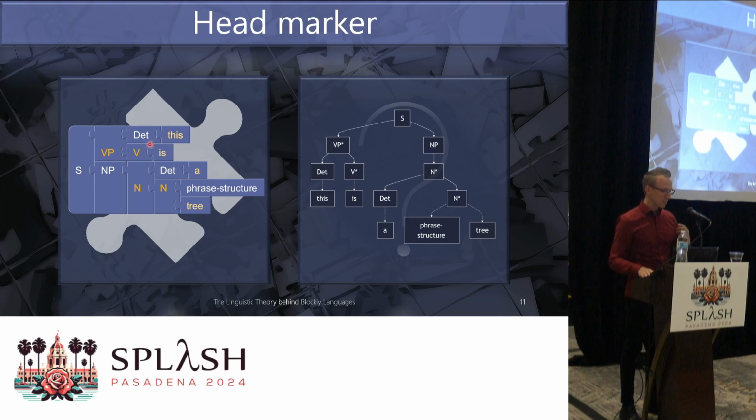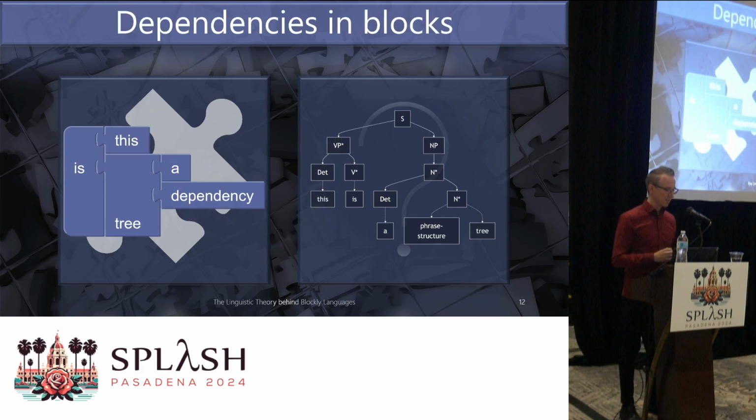So this means now that this verb should actually be the root node of our block editor. So if we now model this, we see again, if we read from top to down and from left to right, the sentence, this is a dependency tree. But now we don't have a phrase structure anymore, because what we do instead is to directly model the dependencies between these words.